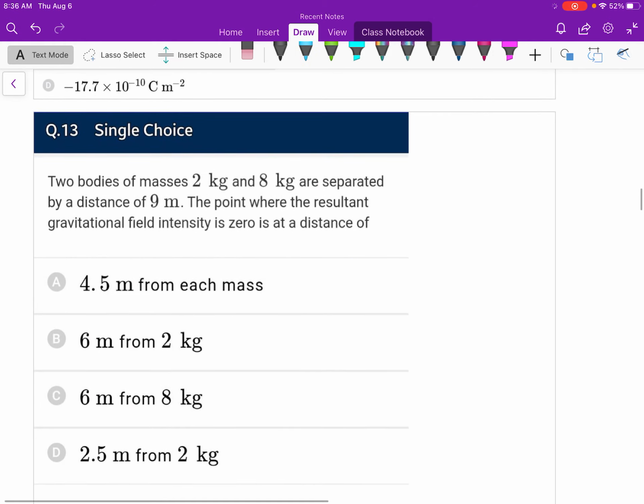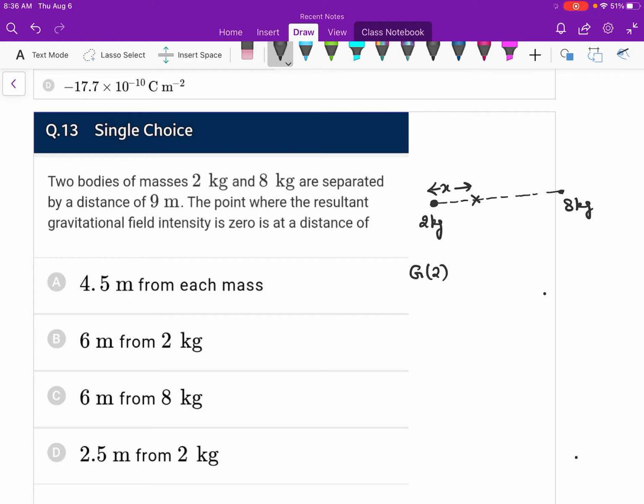Two bodies of masses m and this are separated by 9. Find the point where the resultant gravitational field intensity is 0. So this is a standard situation. M1 is 2 kg, M2 is 8 kg, and gravitational field is 0, say at a distance x from 2 kg. So G M1 upon x square is equal to G M2 upon (d minus x) square.